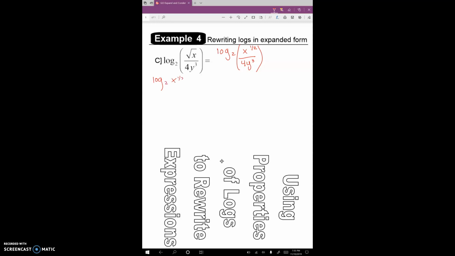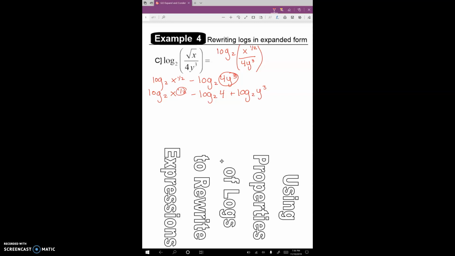I always find it easier to expand. It's just, I guess, the way I see it. Some of you guys may find expanding harder. I know that these two are multiplying, so those will become addition, then the 4, and then the y cubed.